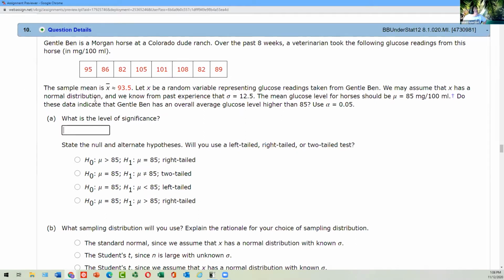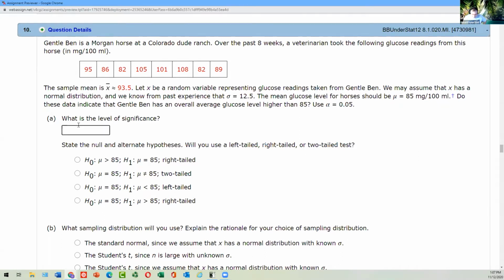But let me read on a little bit further before we look at that. The mean glucose level for a horse should be 85. Does this set of data indicate that Gentle Ben has an overall average that's higher than 85, using an alpha of 0.05?